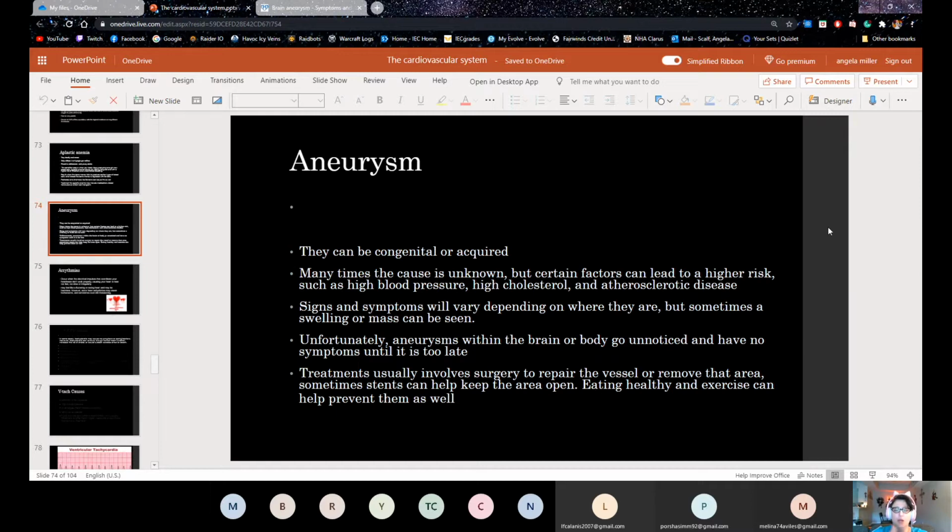Another thing we know leads to aneurysms is birth control pills and cigarette smoking. Those two combined are a real bad combo, especially for older women, because together they not only increase your chance of blood clots, but aneurysms as well.